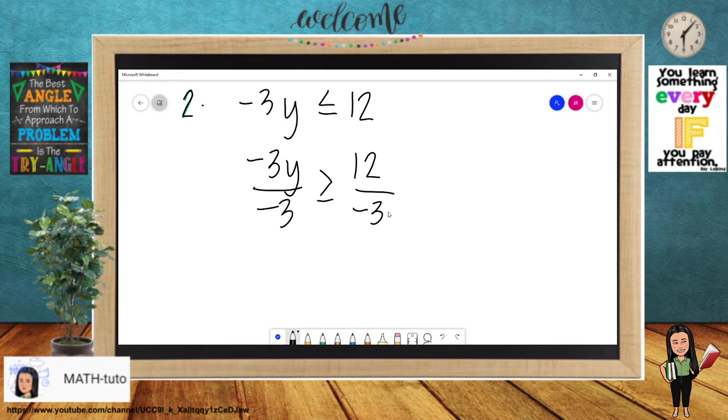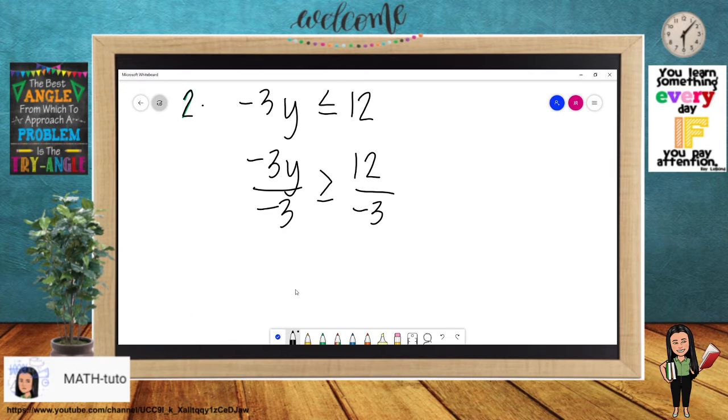That's why it is easier for you to rewrite it before you divide, so that you can see that you need to change your inequality. If you rewrite it and divide both sides by -3, then this is already the inequality that you will use in your answer.